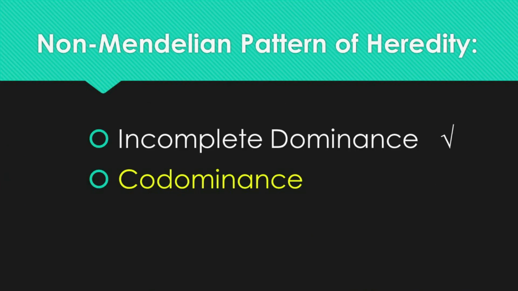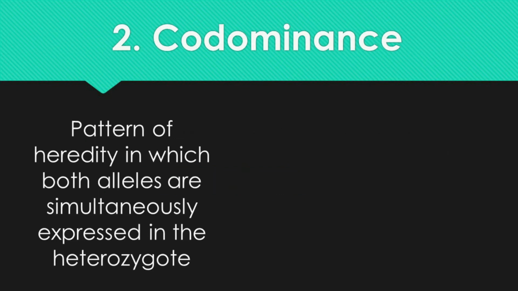Are you ready to learn about the second pattern of how traits are inherited? The next pattern of inheritance is called codominance. In codominance, both alleles are expressed equally in the heterozygous offspring or heterozygote. This results when one allele is not dominant over the other.